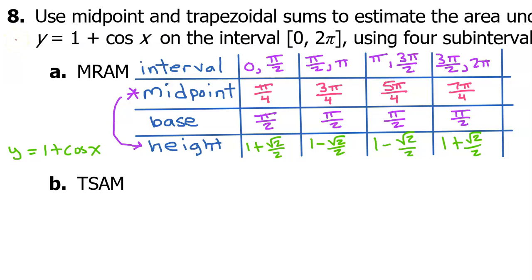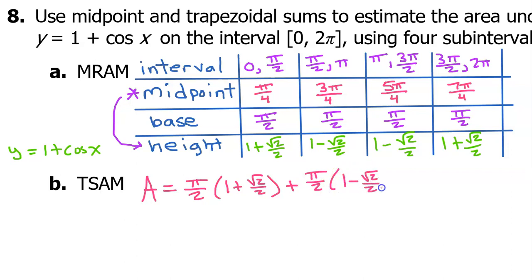Okay, it's time to write the Riemann sum. Remember, we are just adding the area of 4 rectangles. For each rectangle, the area is base times height. So for the first rectangle, that will be pi over 2 times 1 plus radical 2 over 2. For the second rectangle, that'll be pi over 2 times 1 minus radical 2 over 2.